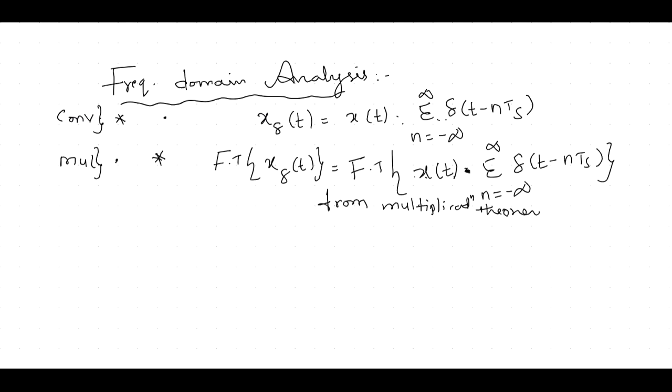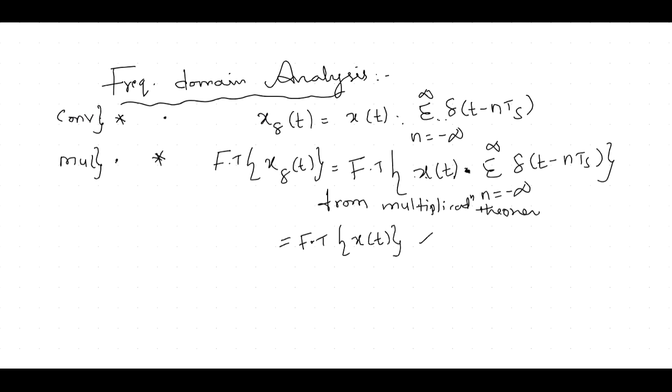That is the theorem statement. If two signals are convolved in time domain, then the individual spectrums are multiplied. If two signals are multiplied in time domain, then the individual spectrums are convolved in frequency domain. So from this multiplication theorem, now this changes to, please go through the multiplication theorem statement if you have any doubt.